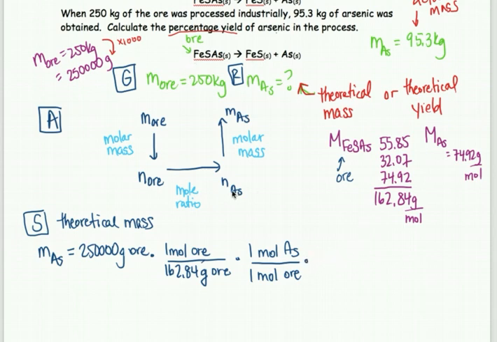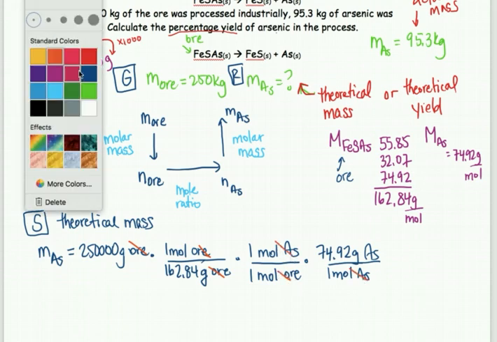And the last step here, the molar mass of arsenic. All right, and then do the quick check that you have everything in the right spot. Yeah, good, okay. And now calculate it out.